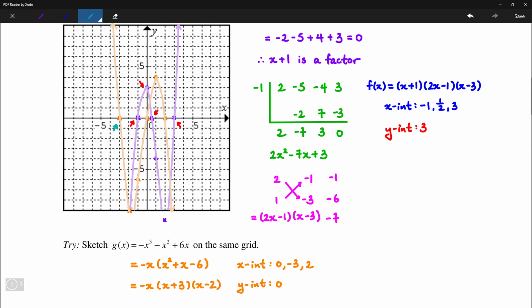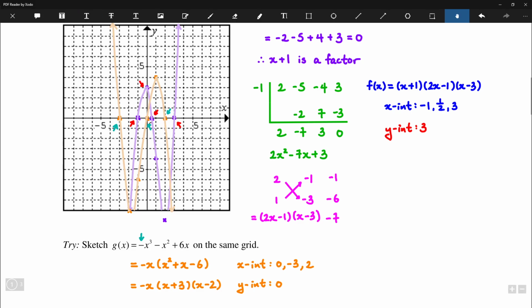Negative 3, the 0, and then the positive 2. Now, the reason why the graph is upside down is, notice that the leading coefficient in g of x is negative, so it has to come from quadrant 2 and end in quadrant 4. Whereas f of x, the leading coefficient, was positive, so it comes from quadrant 3 and ends in quadrant 1. Okay. So that's that first part.